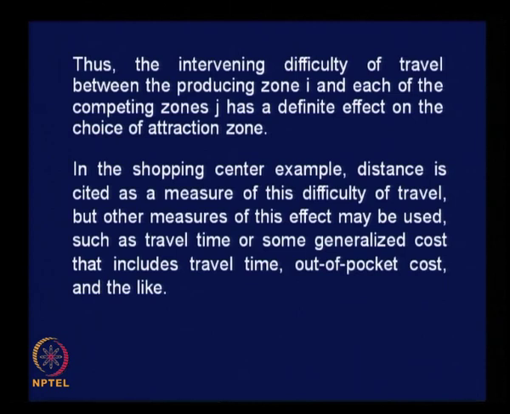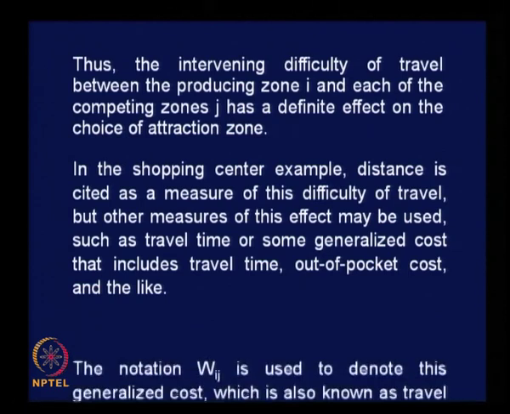Okay. In the shopping center example, distance is cited as a measure of this difficulty of travel, but other measures of this effect may be used, such as travel time or some generalized cost that includes travel time, out of pocket cost and the like. You may not have to consider only distance or only travel time, you can have a combination of factors and put them all together and give some name for that and use that as a factor influencing trip distribution.